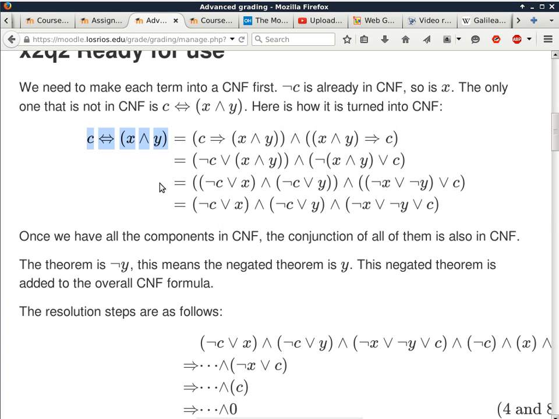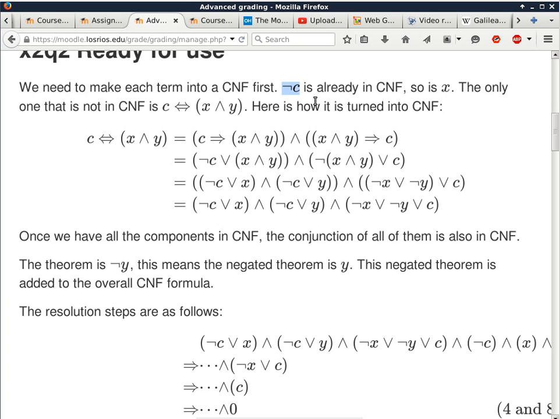So when you look at the 3 things that are given to you as facts, the second and the third ones are easy. When you look at not C all by itself, it is already in CNF, conjunctive normal form, because it is a single item. Any single item or the negation of any single item is already in CNF.